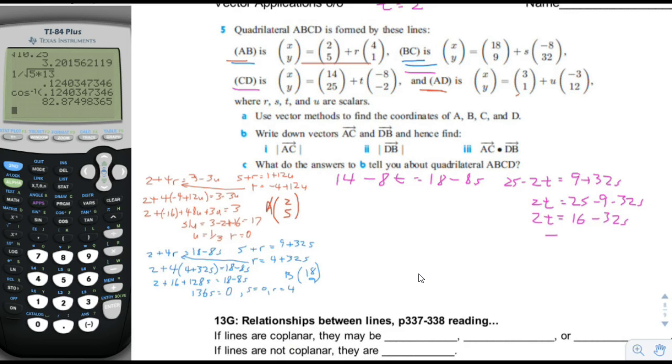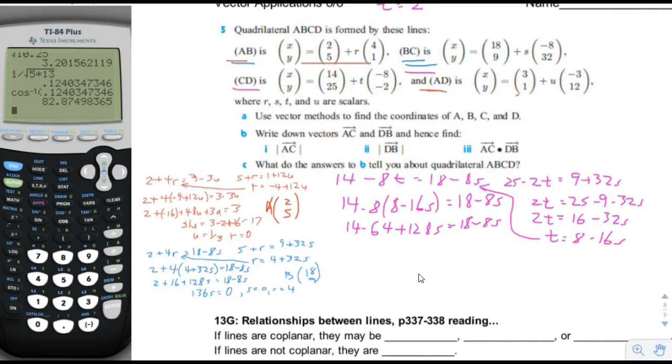That's 2t. So t is equal to 8 minus 16s. So put 14 minus 8 times 8 minus 16s equals 18 minus 8s. So 14 minus 64, and 8 times 16 is 128s equals 18 minus 8s.